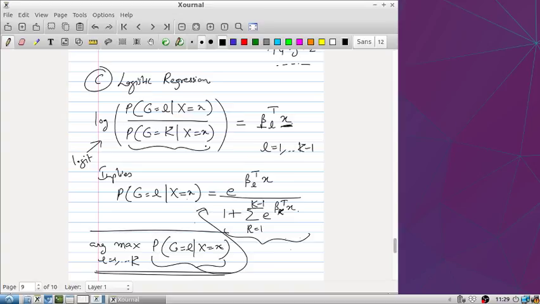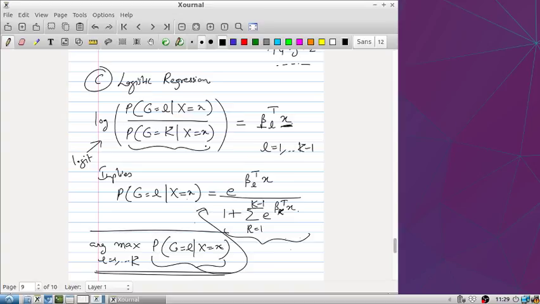This is an assumption about the unknown conditional distribution between G and X. You don't know this conditional distribution. In LDA, you did not know anything about the joint distribution of G and X, but you then assumed that X given G is a normal distribution.